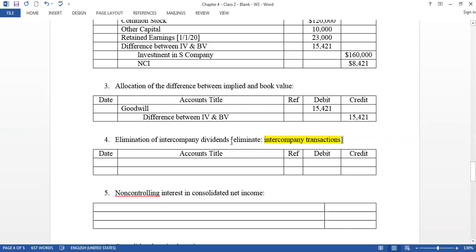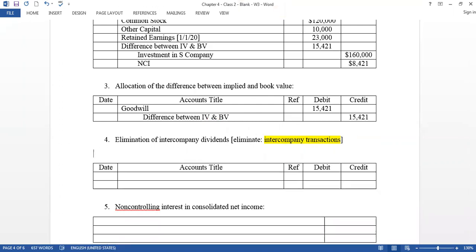So according to this question, we have a dividend. That means the subsidiary company declared a dividend and the parent company received this dividend, right? So these accounts should be eliminated.